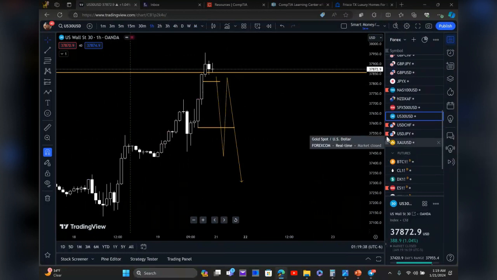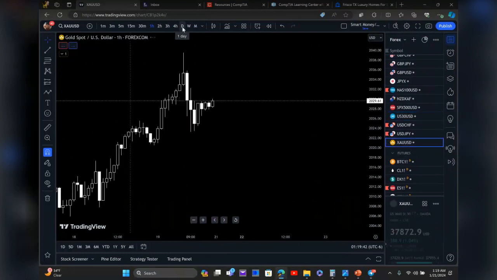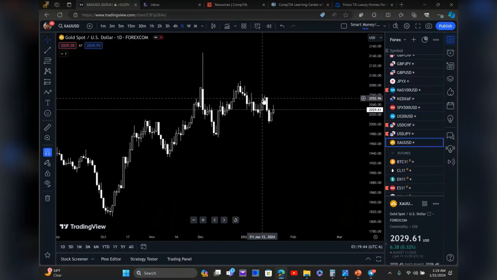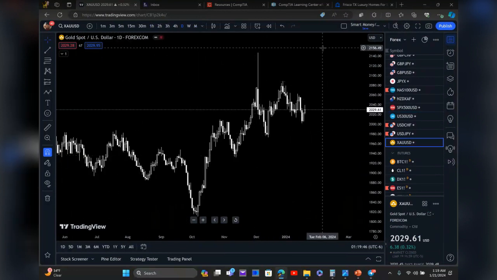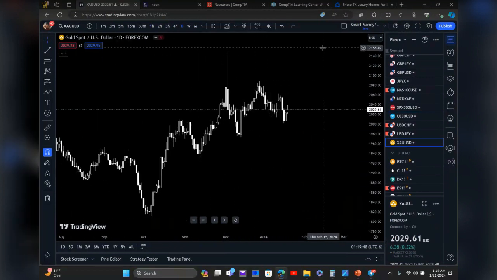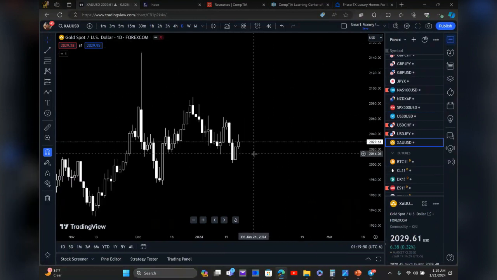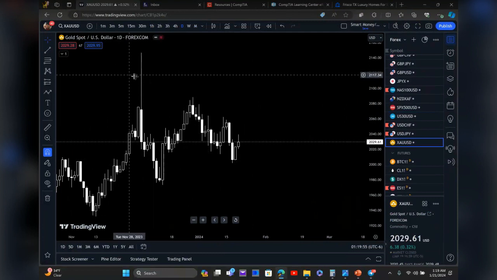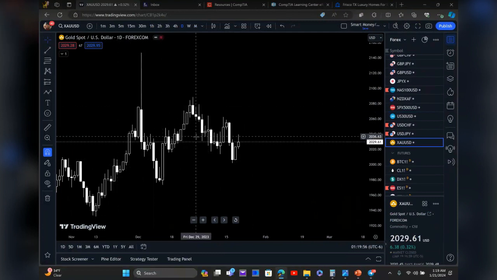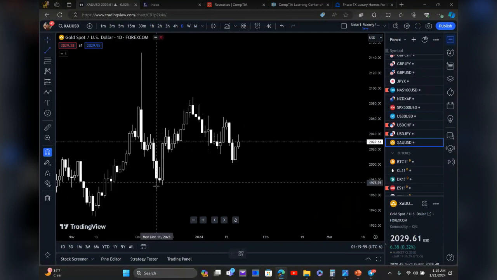Throat a bit dry. Okay, so let's look at gold. Let's see what gold is looking like. Okay, so gold had been bullish as well. As you can see on gold, look what happened. Check this out. Look, liquidity grab right here, right?